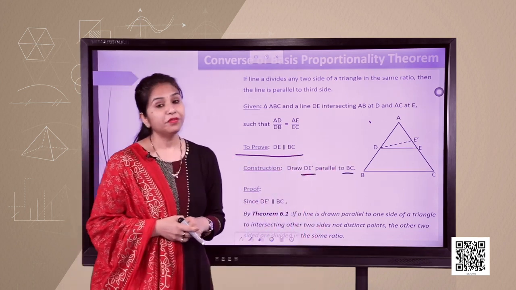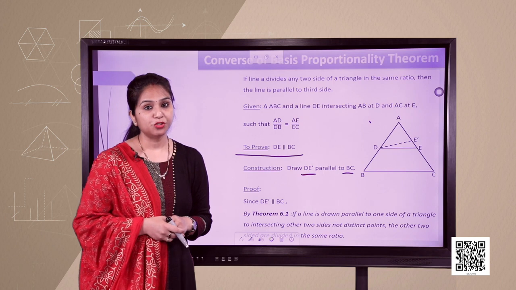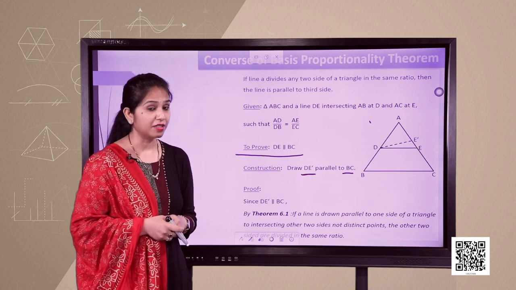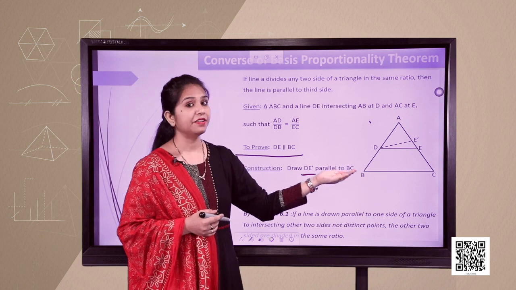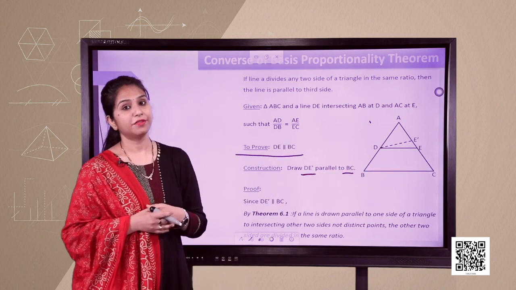Now, what we have learned in our basic proportionality theorem is that if in a triangle one line is parallel to the third side, then that line divides the other two sides in a ratio.